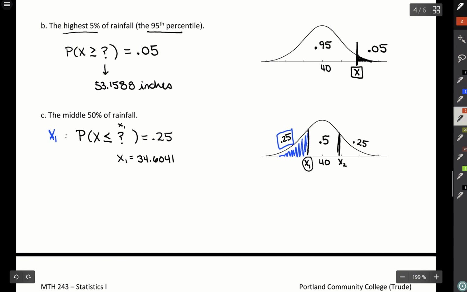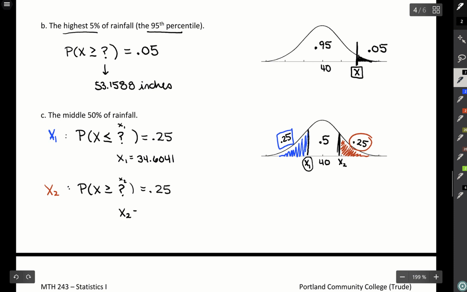And then for the second x value, what we need to use is this upper 25%. So we need this area above of 0.25. So to find our second x value, what we're going to do is go to GeoGebra and say the probability of x being larger than or equal to, and then there's our unknown of x2. That area should be 0.25.